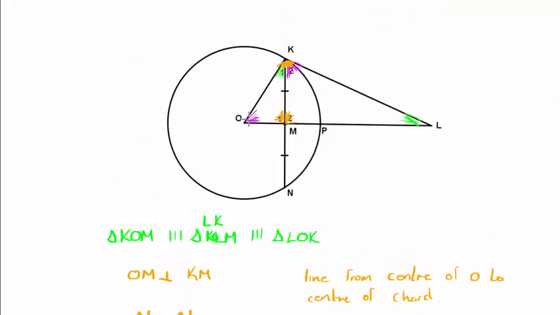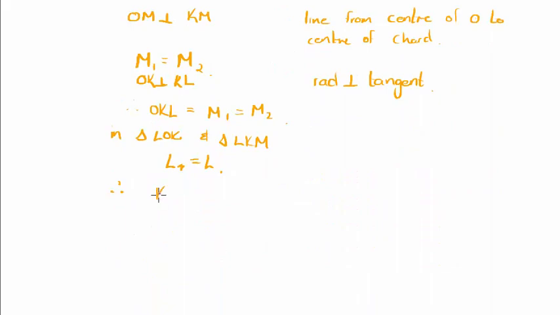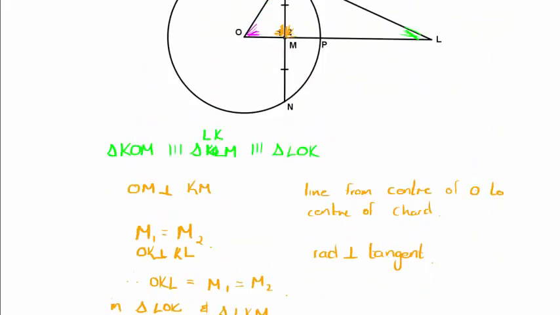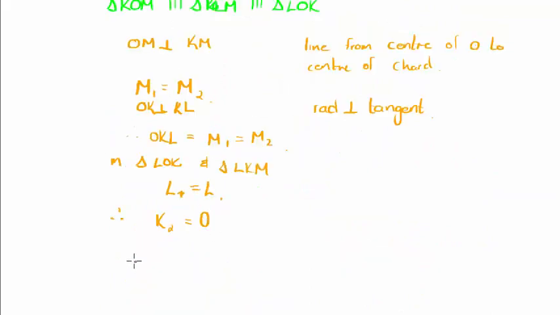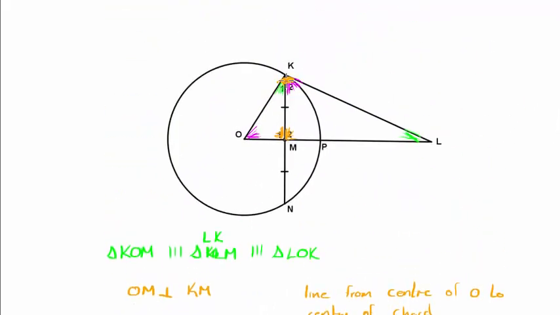Therefore K2 is equal to O. You see? That last one now follows. So triangle LOK is similar to triangle LKM.